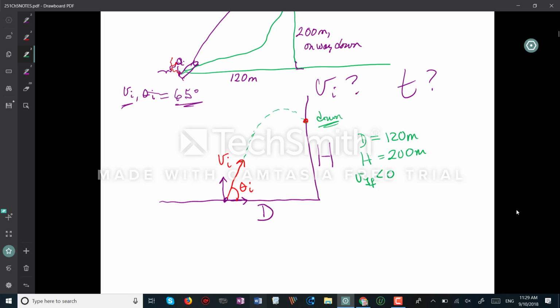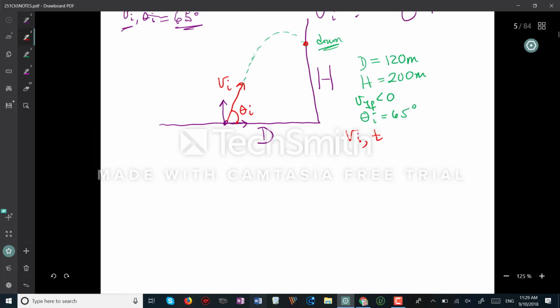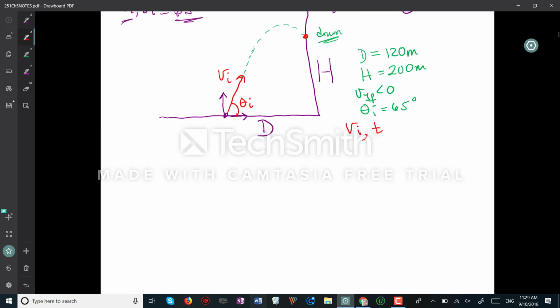That gives us the down. Theta is 65 degrees. Let's write out what I'm trying to find. V initial and what? Time. Yeah? Yes. Oh, yes, sir. Okay, good.